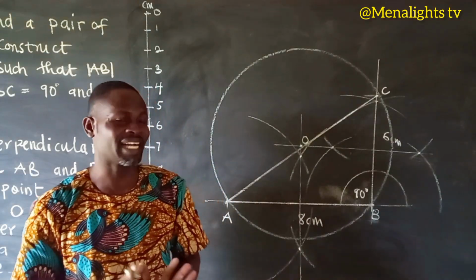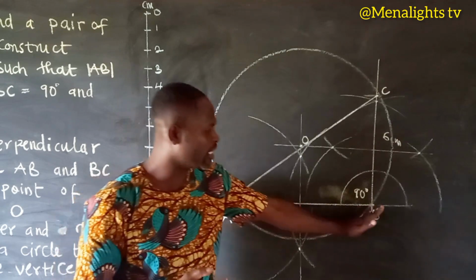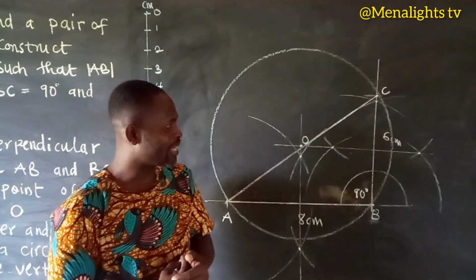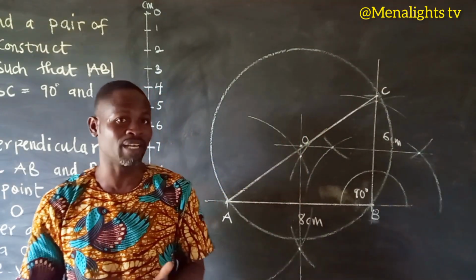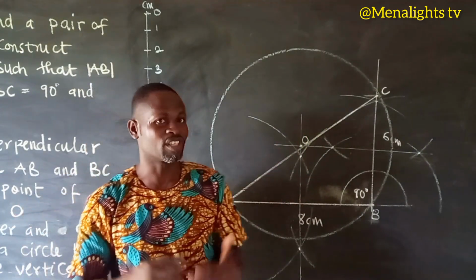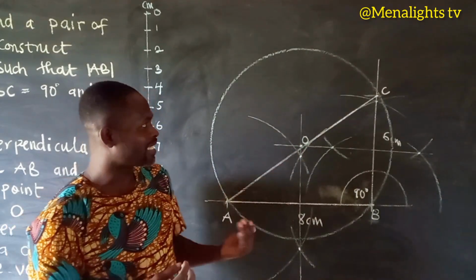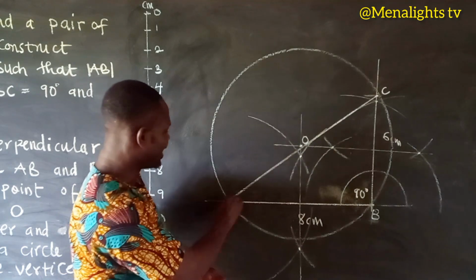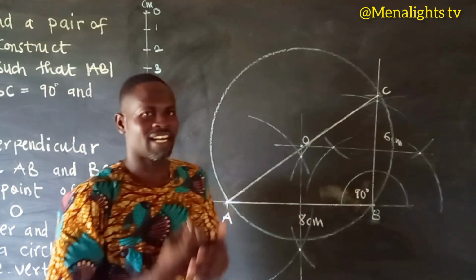Then you have to construct a perpendicular bisector of the line AB and then the line BC, and locate the point of intersection of the bisectors and name it O. With O as center and the radius OA, construct a circle to touch the three vertices of the triangle. So it will touch A here, it will touch B, and touch C as well.